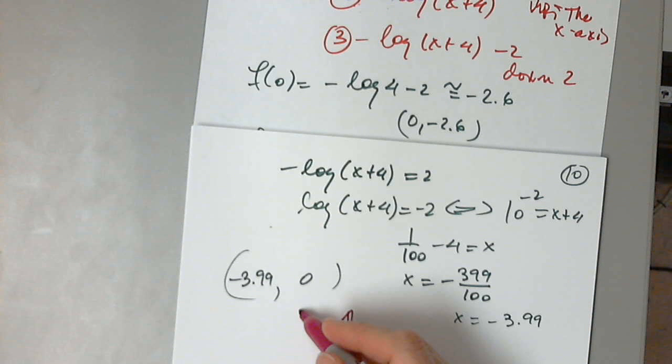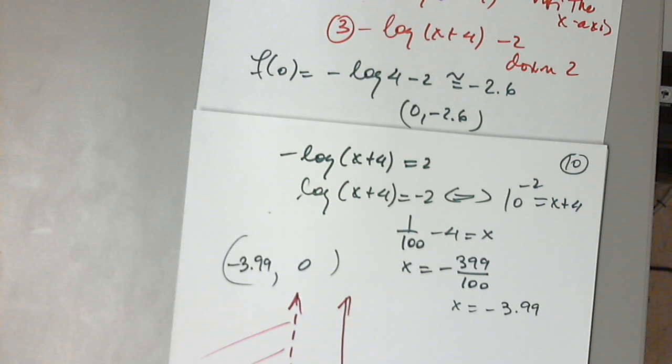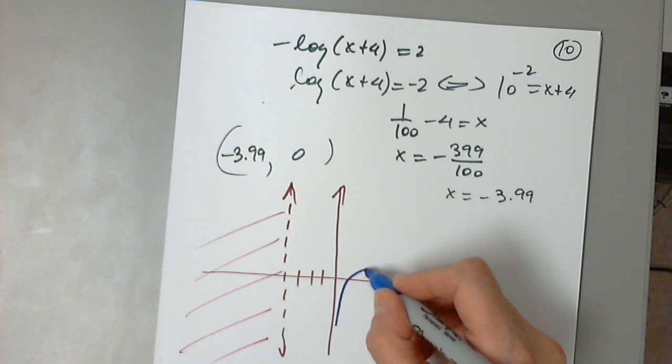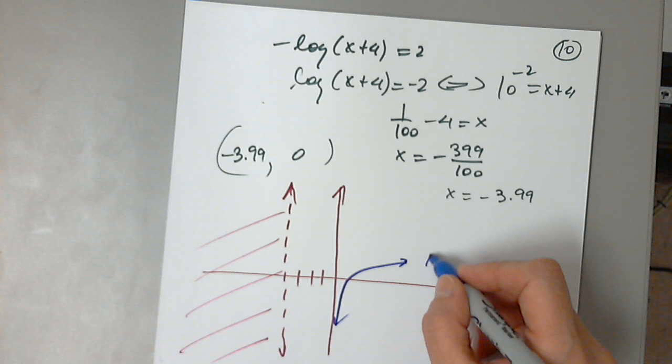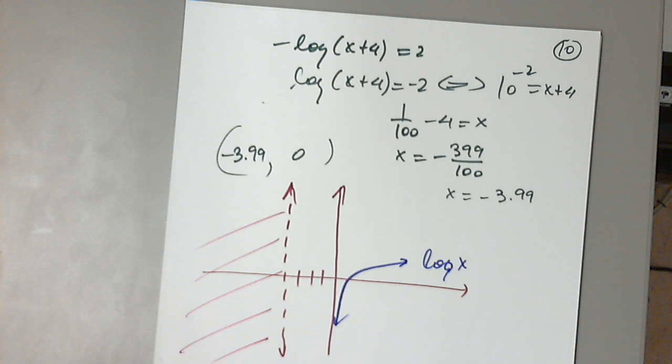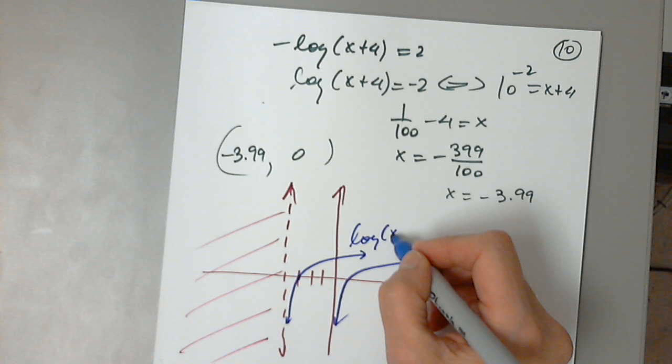I'm getting it ready anyway. And of course, nothing here. You don't have to do that. I'm just refreshing your memory on that. So you told me to shift this graph, which is increasing on all its domain, log x. You told me to shift it left 4. Fine. Great job. It is true. This is log x plus 4.